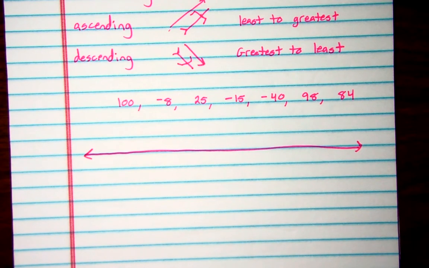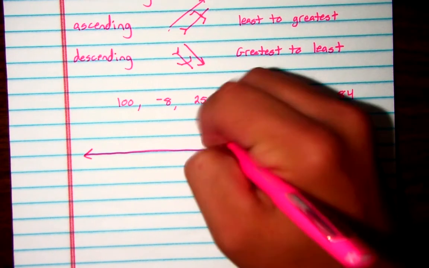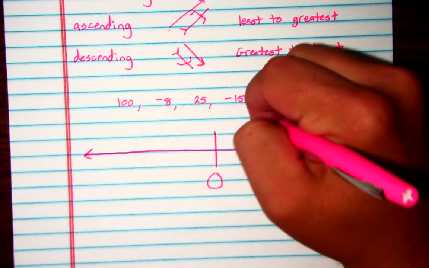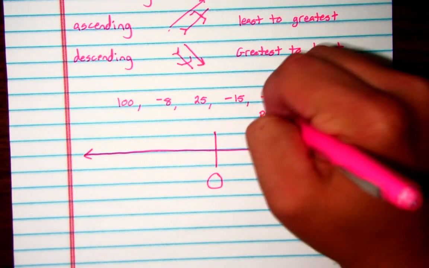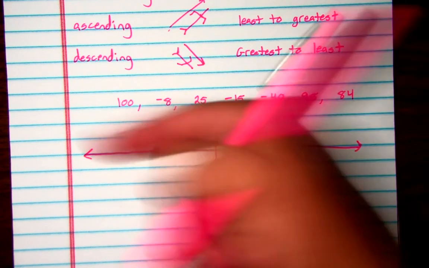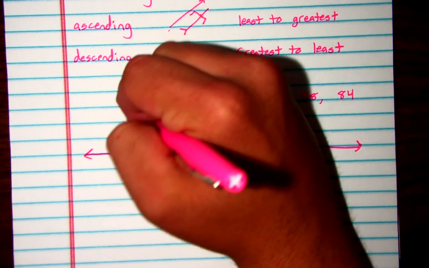Now remember, I personally like putting 0, that's my neutral number, in the middle. We know all the numbers to the right of 0 are positive numbers. All the numbers to the left of 0 are my negative numbers.